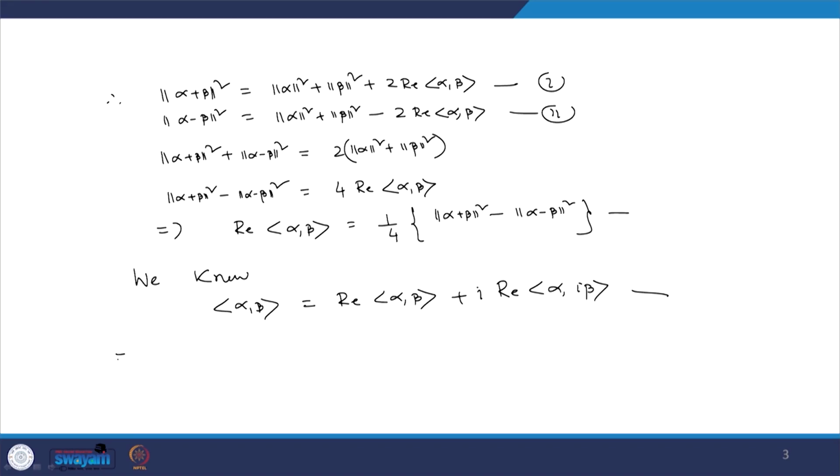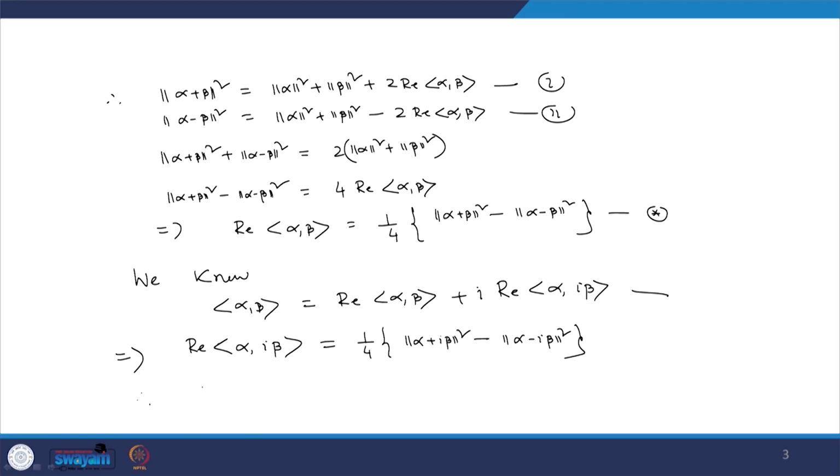So this implies the real part of the inner product of alpha i beta will be equal to, according to these definitions, if I consider this as star, then I will have the real part of alpha i beta equal to 1 by 4 times the norm of alpha plus i beta whole square minus the norm of alpha minus i beta whole square, this one.